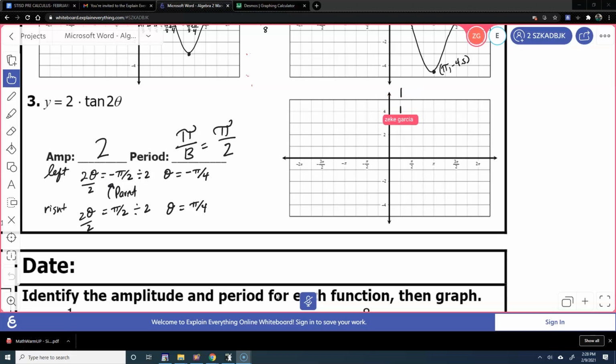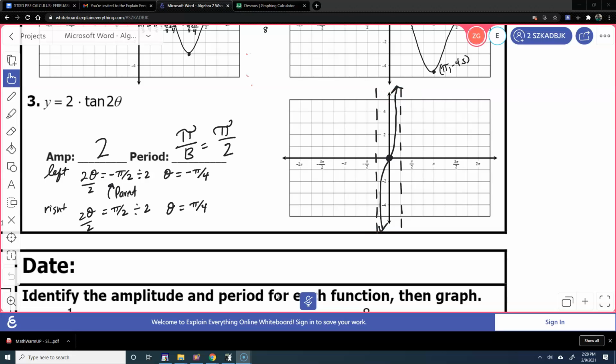So this right here is your pi over 4. This is your right asymptote. And then your left asymptote is right here, right in between 0 and negative pi over 2. And just like I told you that the amplitude is going to be negligible, so you just have to do this graph like this.